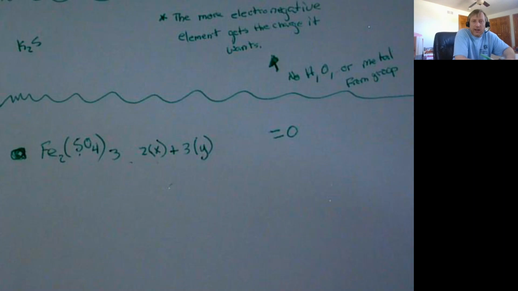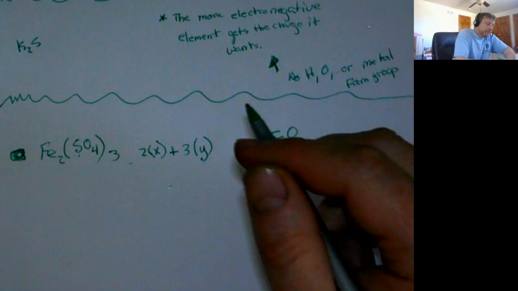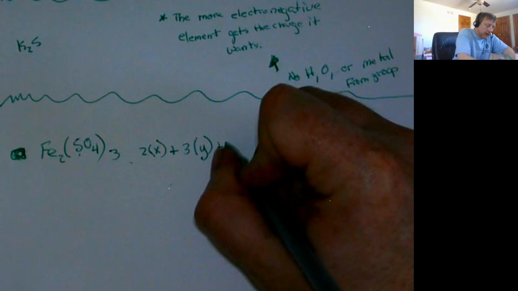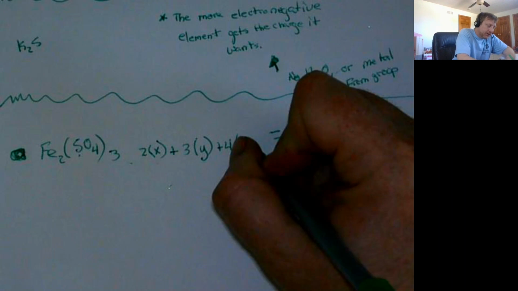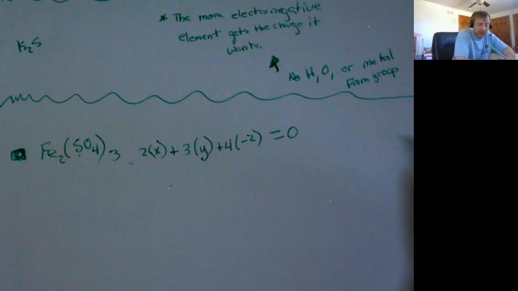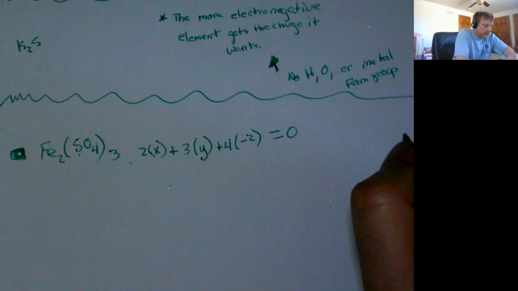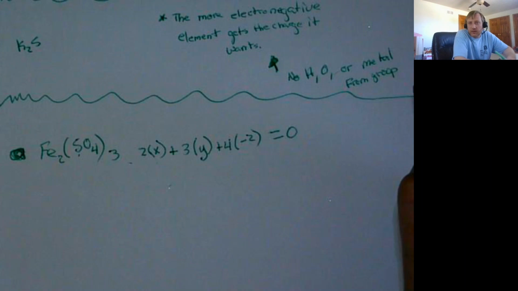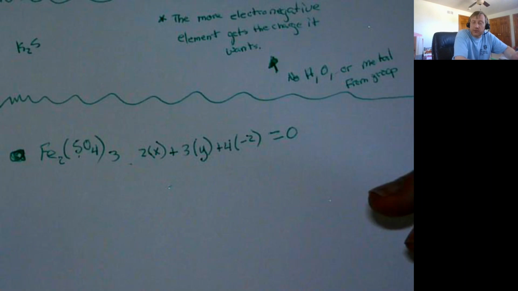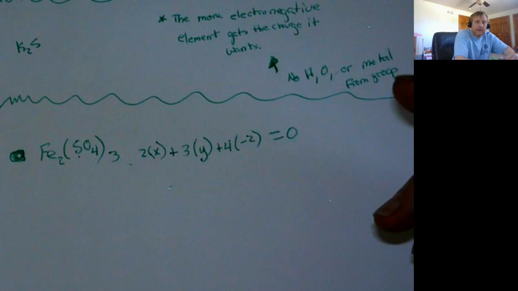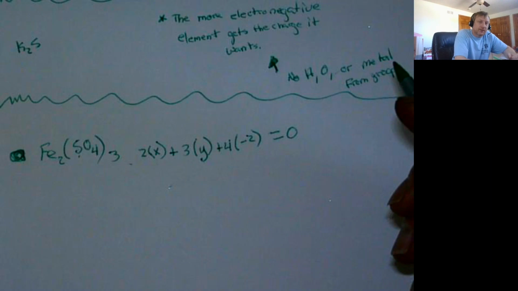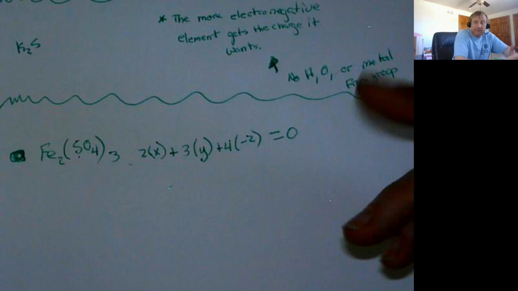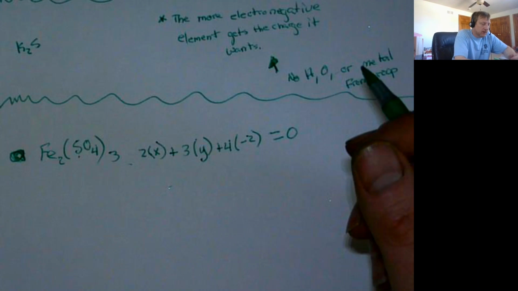So we'll call that Y. And we have 4 oxygen atoms, and of course oxygen gets its -2. Now I'm stuck because I have 2 variables, and I can't solve 2 variables with a single equation. So I've got to use some other knowledge to find another equation.